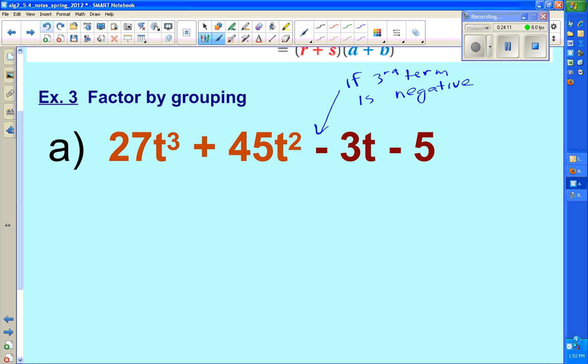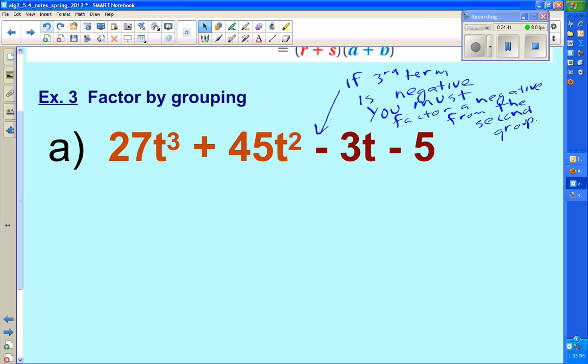If the third term is negative, you must factor a negative from the second group. Really important that we keep that in mind. Third term is negative. You're always going to factor out a negative.